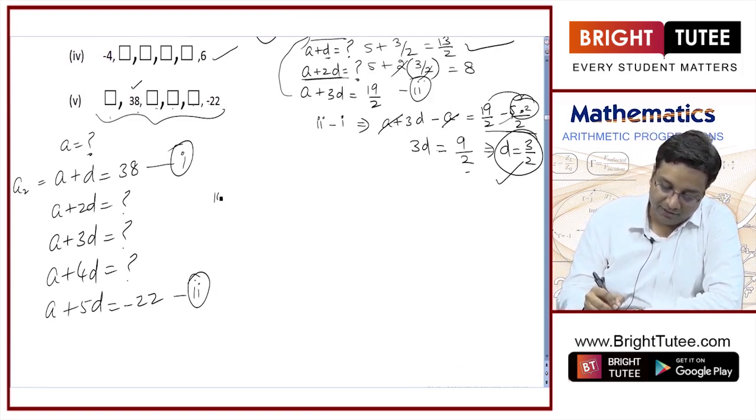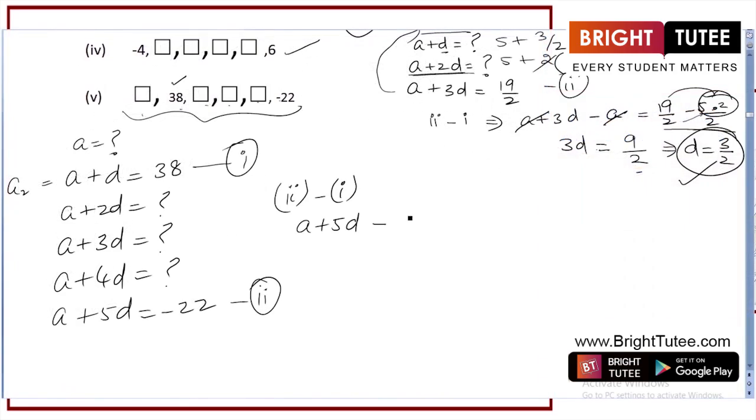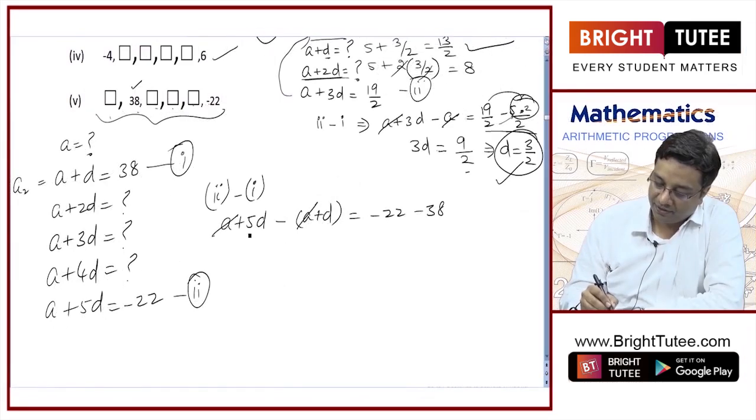If I subtract, let us say, the first equation from the second equation, I will get A plus 5D minus A plus D equal to minus 22 minus 38. Okay, A will get cancelled, 5D minus D is equal to 4D, and here I will get 40 and 20, 60, minus 60, right?